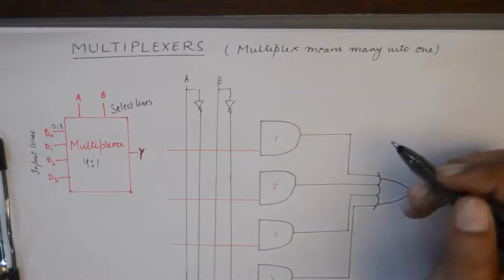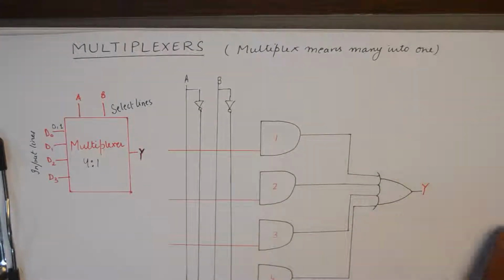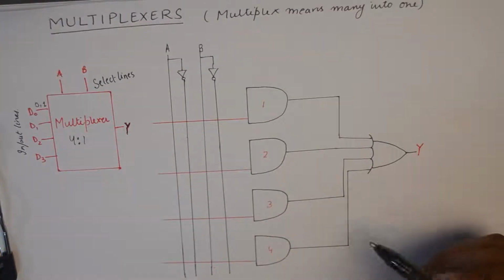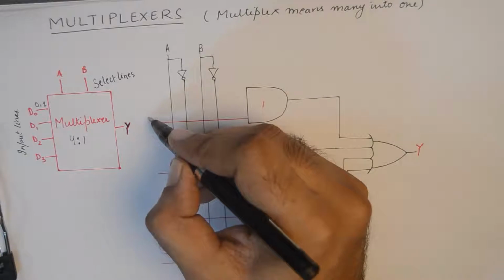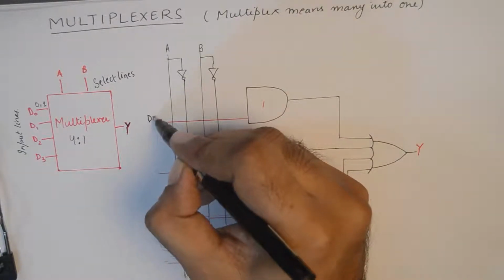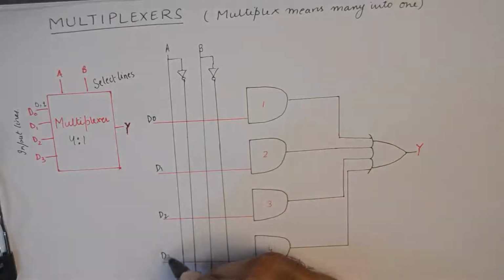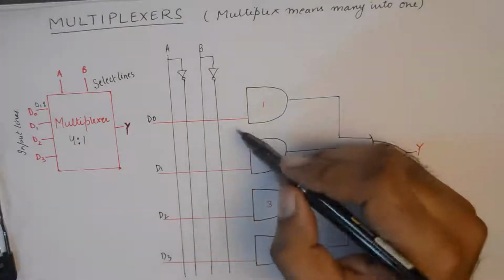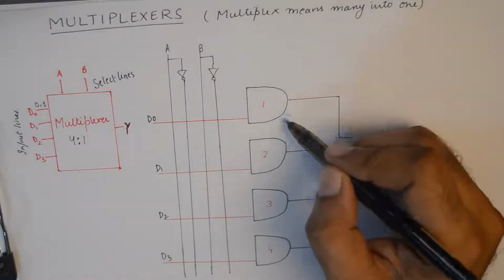Now over here I've drawn a basic structure, and I'll start explaining it. We'll start designing the structure. Alright, in this logic structure of the multiplexer, these red lines are the inputs, and all these inputs are connected to the gates, which are AND gates.